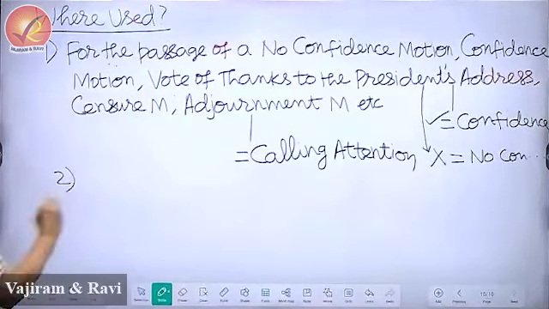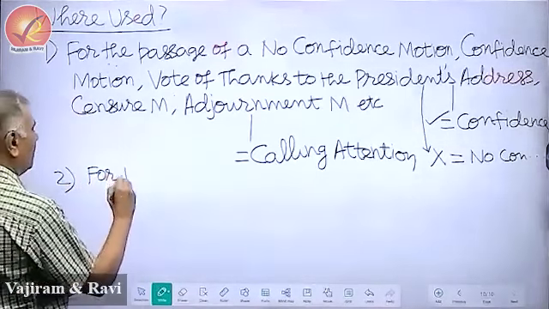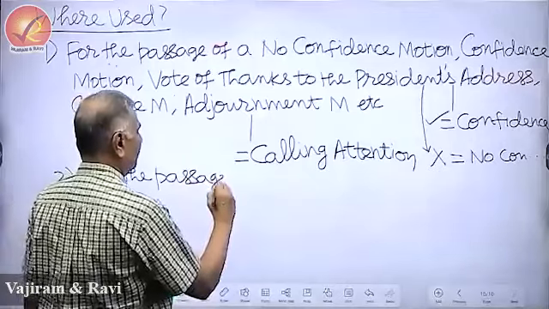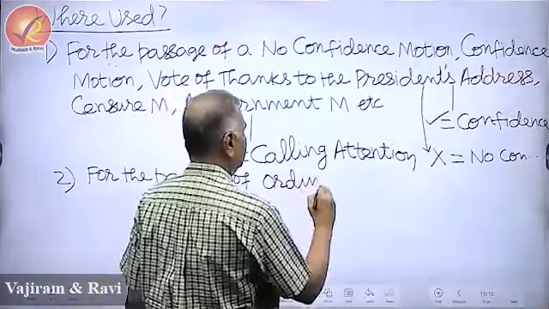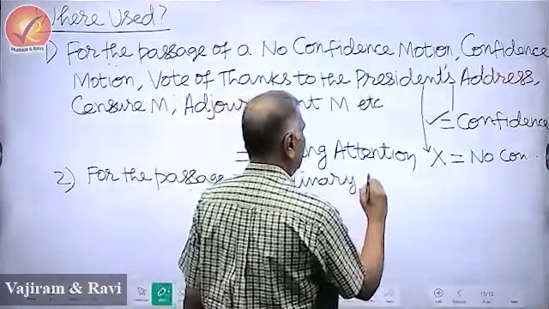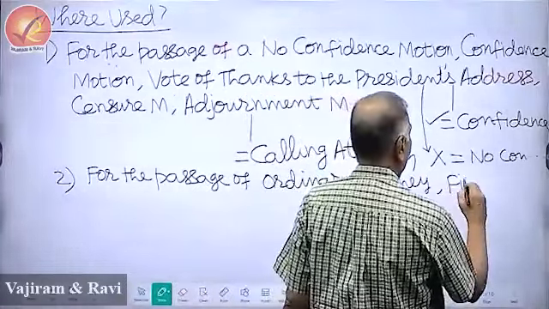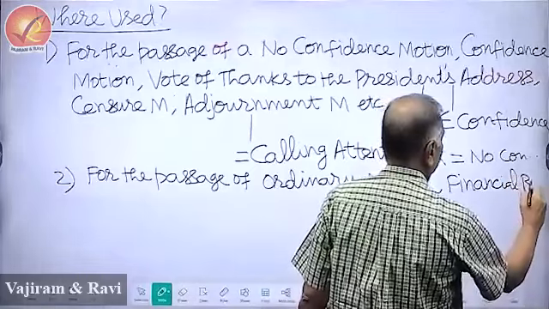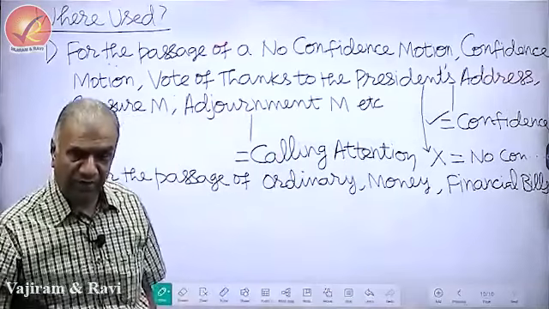Then the second type of business that is passed with simple majority is for the passage of ordinary, money and financial bills.